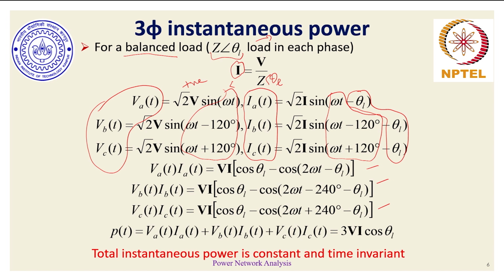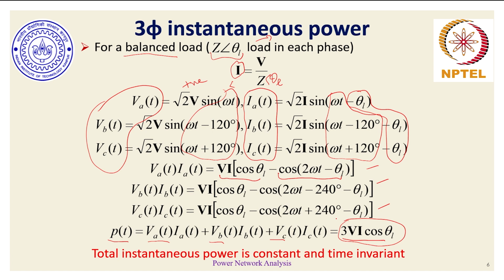The beauty which appears is that in three-phase balanced circuits, the instantaneous power is independent of time. In single-phase AC circuits, when we evaluated the instantaneous power, it always had a constant term, which was the first term, and then the second term was double the frequency component, and it was a function of time. In three-phase circuits, if we add up all the three instantaneous powers, the overall instantaneous power, which is the sum of individual phase powers, is invariable of time.